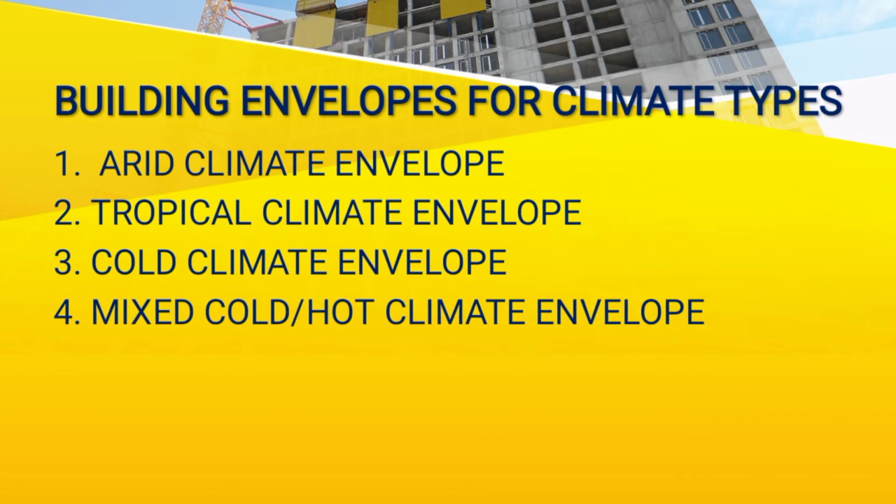Second, we have the tropical climate envelope. When we say tropical climates, we are thinking that it is hot and humid. Therefore, keeping the heat of the sun off is a top priority, as well as maximizing ventilation.